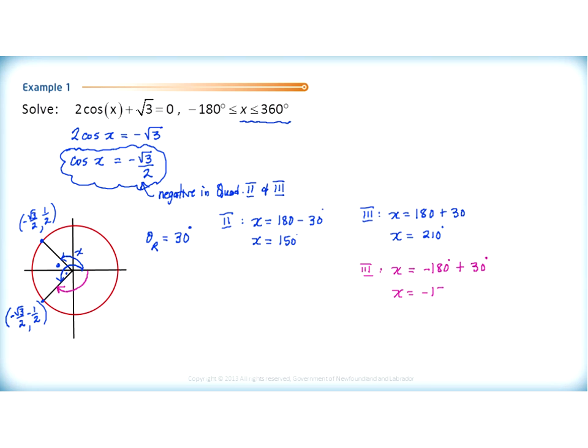So x is equal to -150 degrees. These are 3 possible answers that will solve this trigonometric equation. To list those solutions, we have -150 degrees, +150 degrees, and 210 degrees as three answers for this equation.